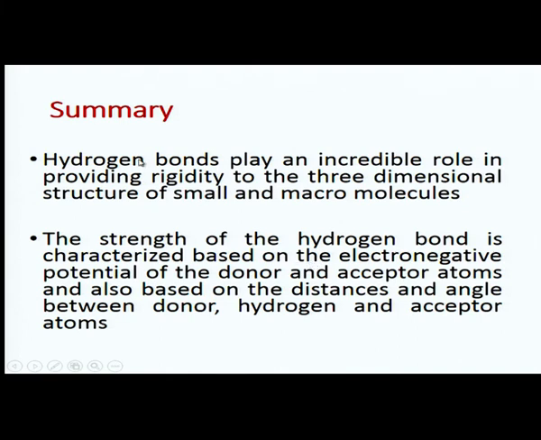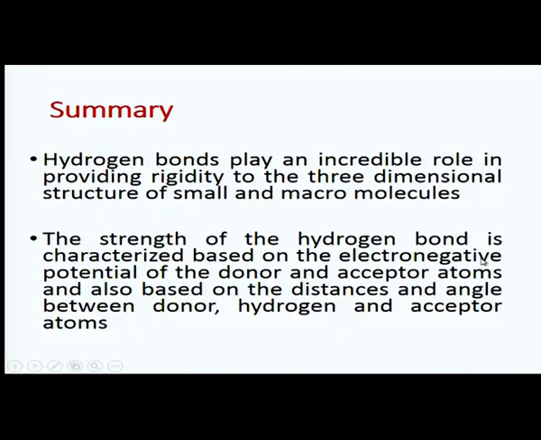So, in summary, we have seen that hydrogen bonds play an incredible role in providing rigidity to the 3-dimensional structure of small and macromolecules. The strength of the hydrogen bond is characterized based on the electronegative potential of the donor and acceptor atoms and also based on the distances and angle between donor, hydrogen and acceptor atoms.